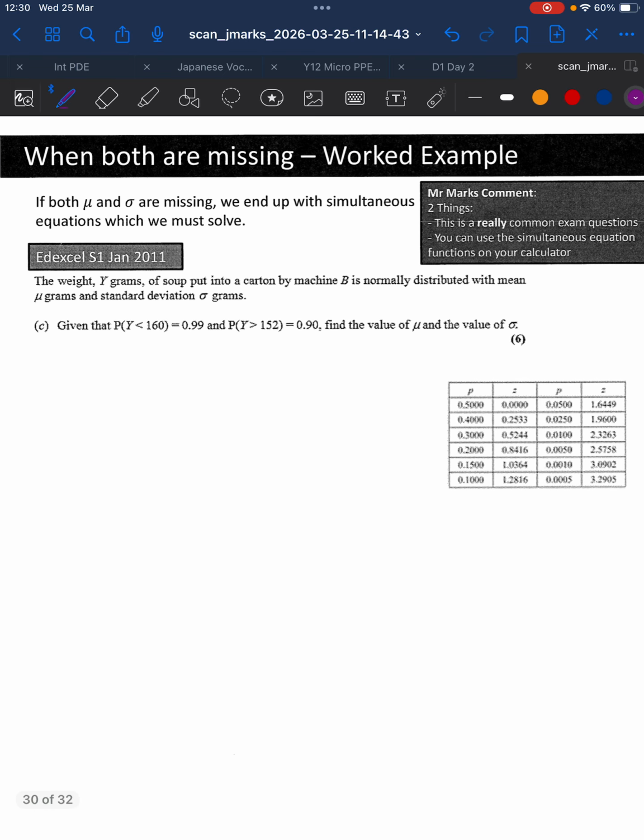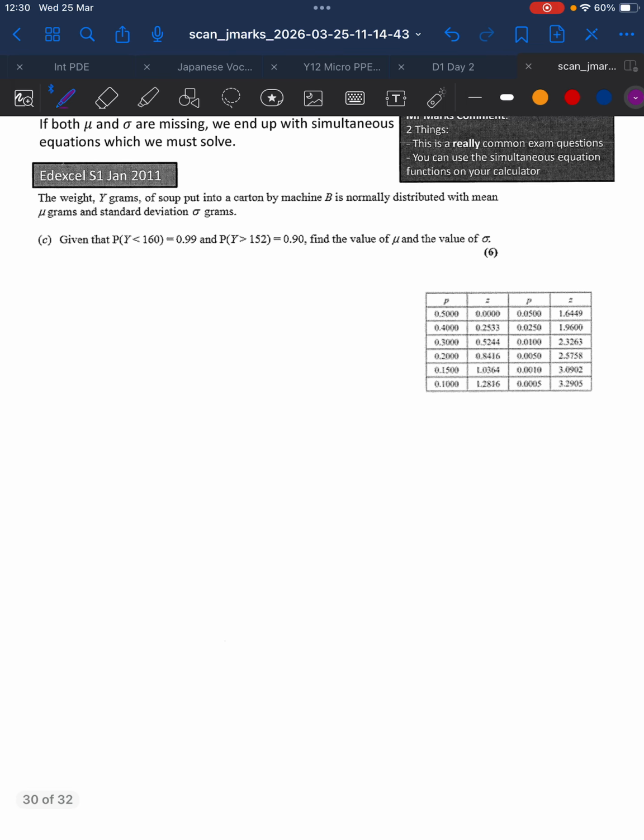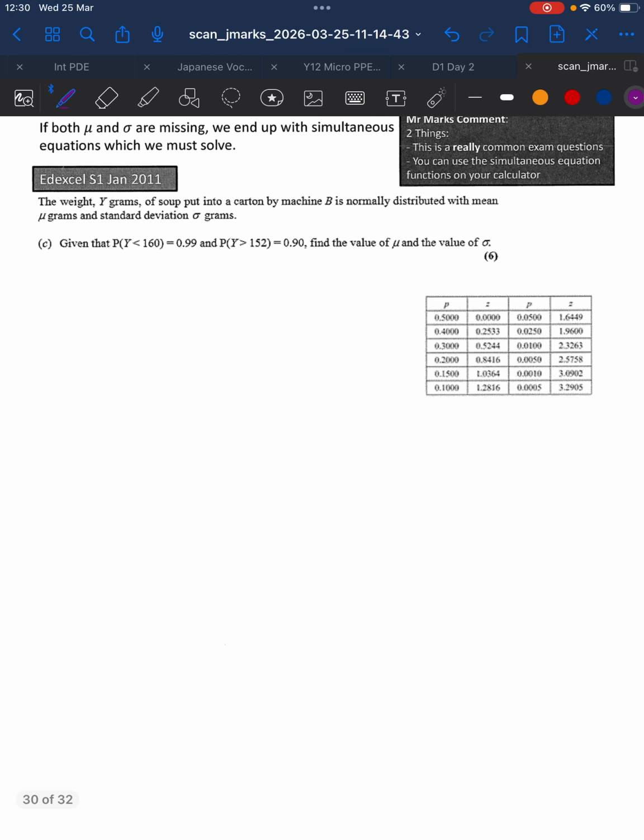Let's do this one here. So we've got mu and sigma both missing. So what do we got? Less than 160 is 0.99. Well, that means that 160 is way over here then, no?